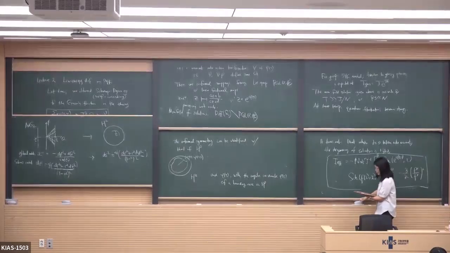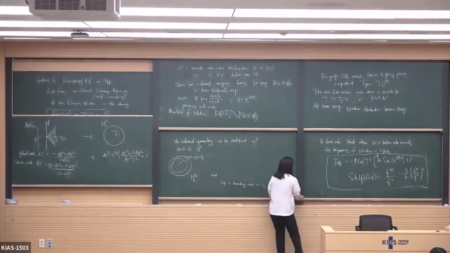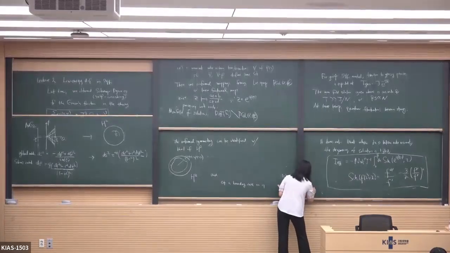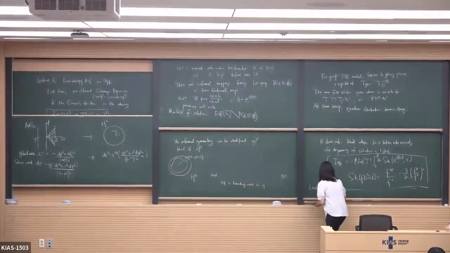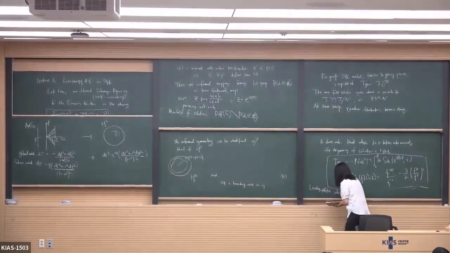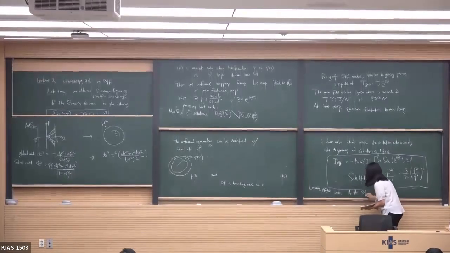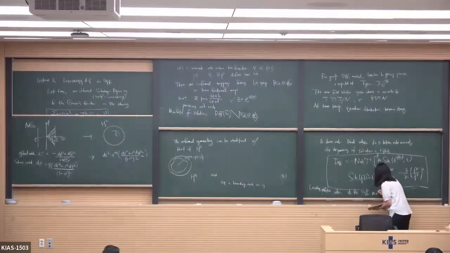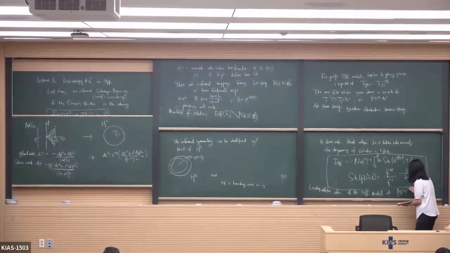So this is the leading effective action of the SYK model at beta J much greater than 1.